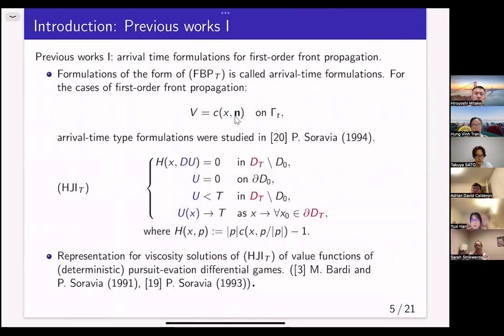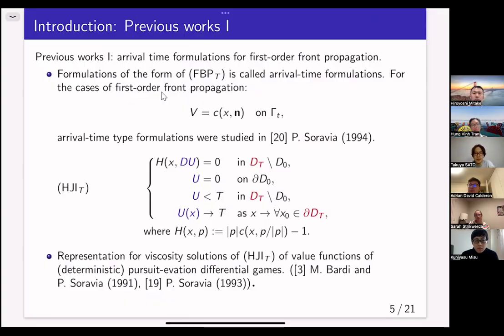Second, I would like to explain some previous literature. At first, as I said in the previous slide, the free boundary problem is sometimes called the arrival time formulation.